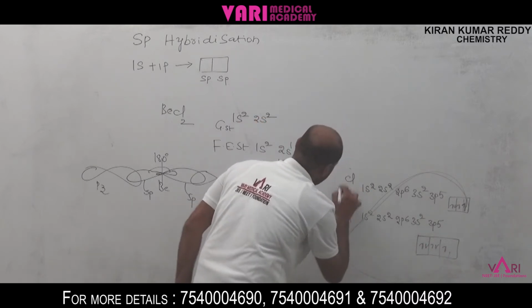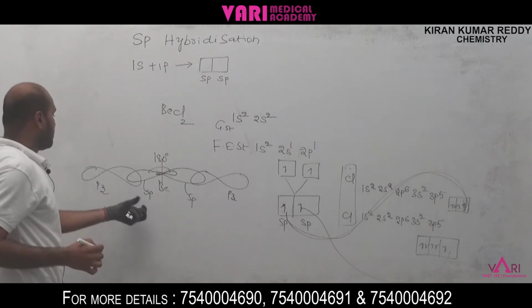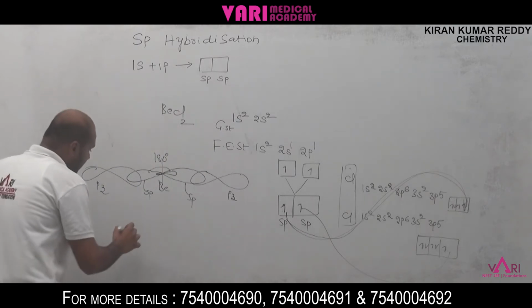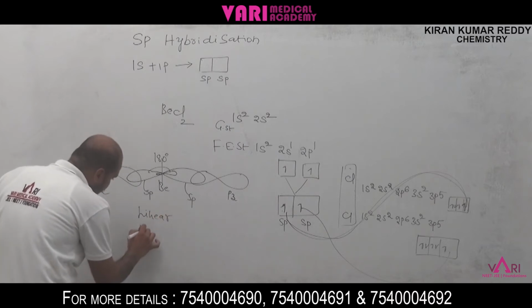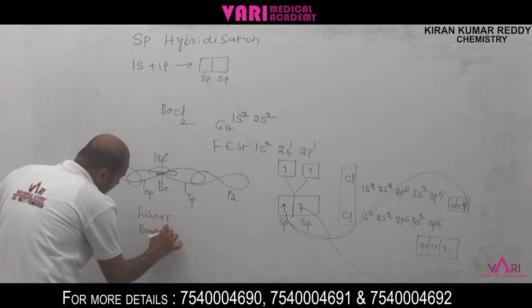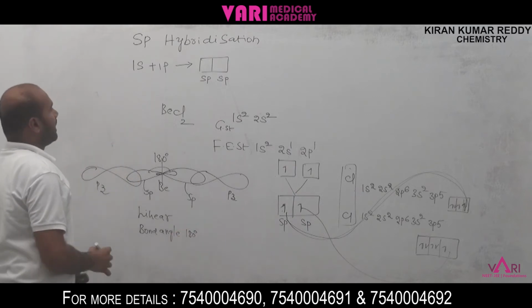Two chlorine atoms are there. This is the geometry of beryllium chloride. What is the geometry? It is linear. The bond angle is 180 degrees.